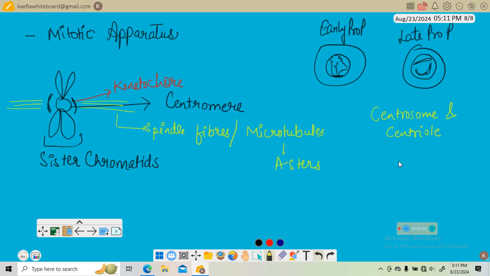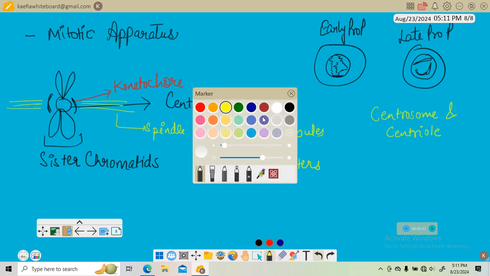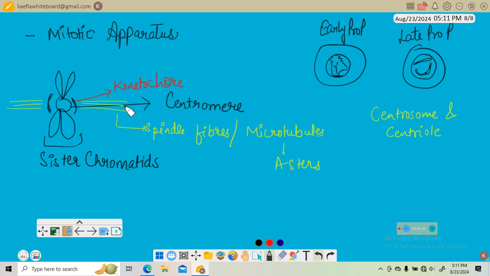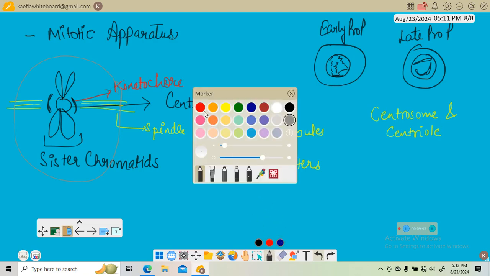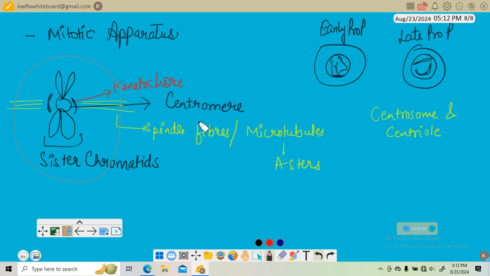Let's say this is a cell, and here it is like this.